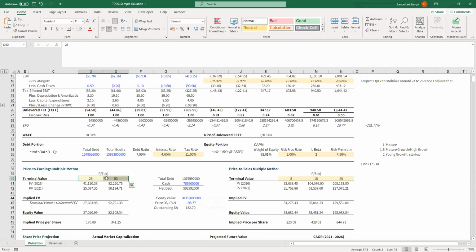For all of you who need that value, I can extract that to help you with your valuation. It's hard to slap on a multiple randomly, because this largely affects the price per share that you will arrive at.